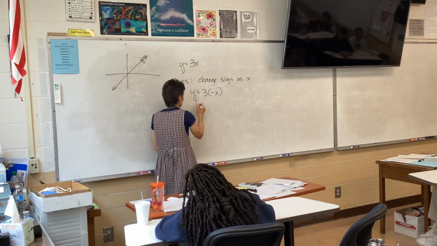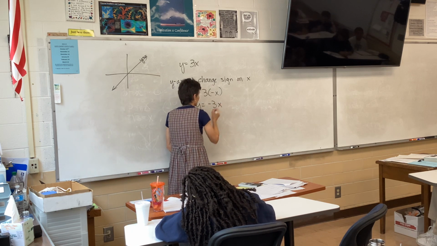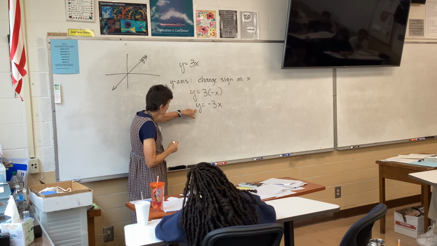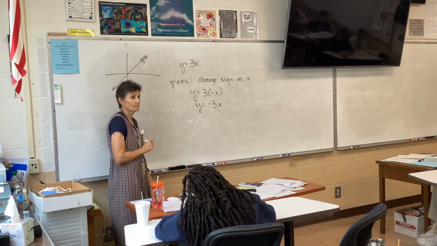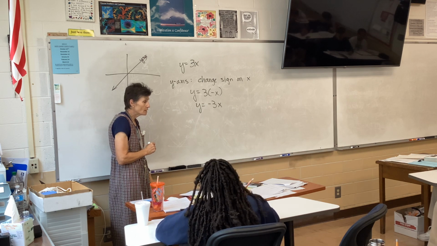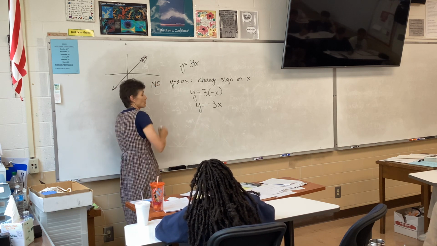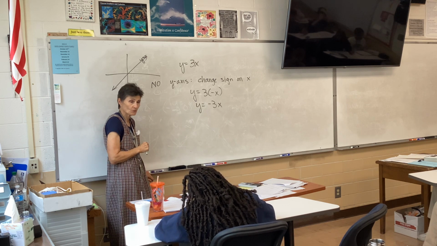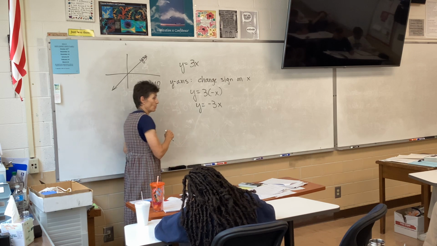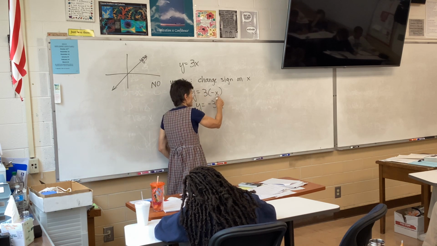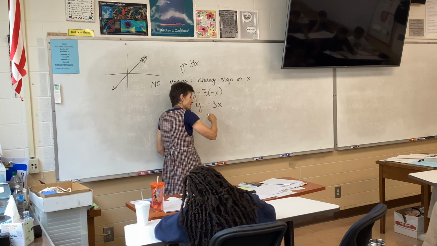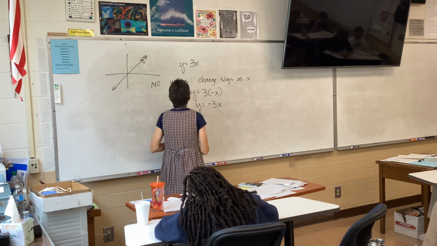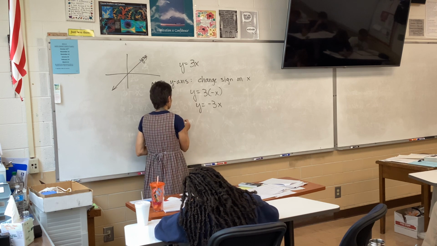And then simplify that and ask yourself, is that the same as the original problem? No. So this one does not have symmetry about the y-axis. This is not an even function. If it were, then when I change the sign on x and simplify, I would end up with exactly what I started with.